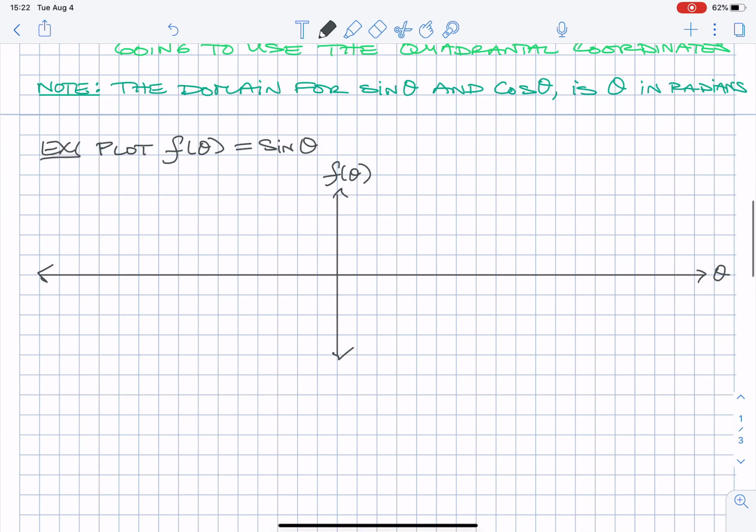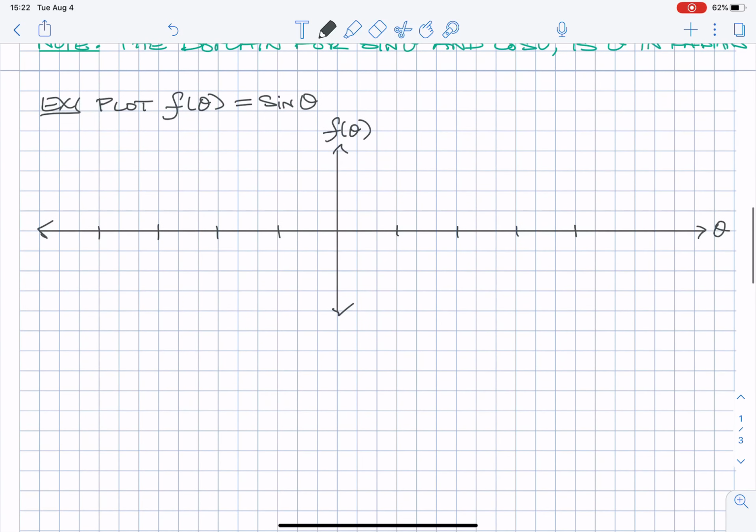And what I'm going to do, I'm going to do 1, 2, 3, 4 tick marks to the right, and 1, 2, 3, 4 tick marks to the left. And I want these to be quadrantal. So here's 0, here's pi over 2, meaning 90 degrees, here's pi, here's 3 pi over 2, meaning 270, and here's full circle, 2 pi, in the positive direction.